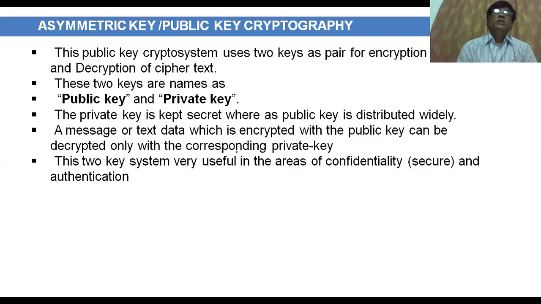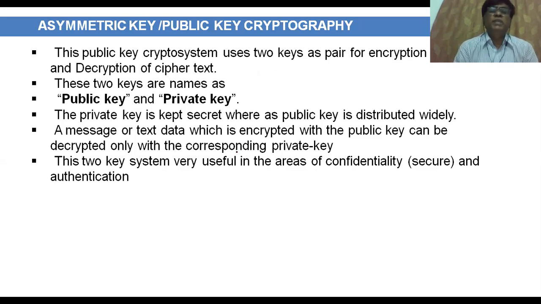Generally, this public key crypto system, or asymmetric key system, uses two keys, a pair of keys. One key is used for encryption and the other key is used for decryption of the data. These two keys are named the public key and the private key.